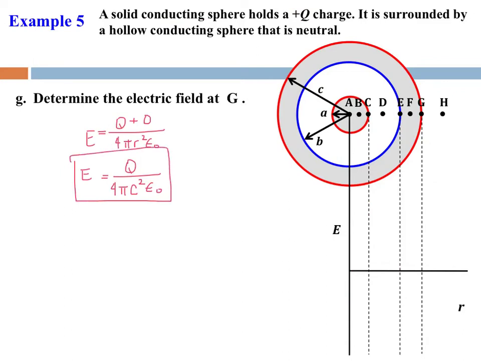So again, 0, some electric field, decrease, 0, and then a continuation of that decrease, like we've seen in several examples now for part H.